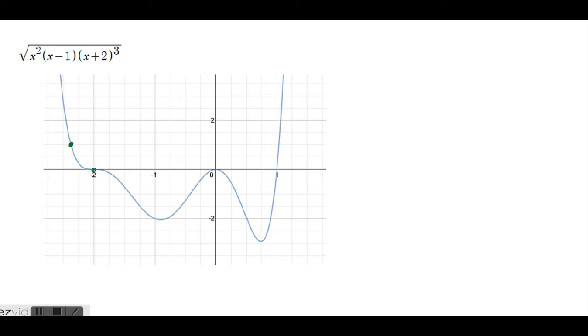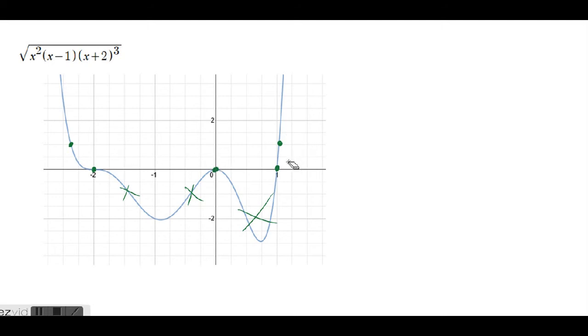The square root of 0 stays 0. The square root of -1, we can't draw anything to do with negatives. And then this 0 stays the same. This graph will not be there. And then this square root of 0 stays 0, and the square root of 1 stays 1. So we only have 1, 2, 3, 4, 5 invariant points here.